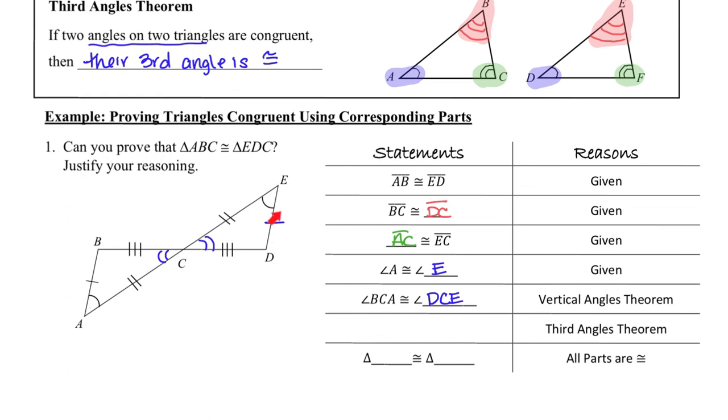If this angle is congruent to this one, and these two are congruent, then that has to mean that their third angles are congruent. So now I can say that angle B is congruent to angle D, which means triangle ABC is in fact congruent to triangle EDC because all of their parts are congruent.